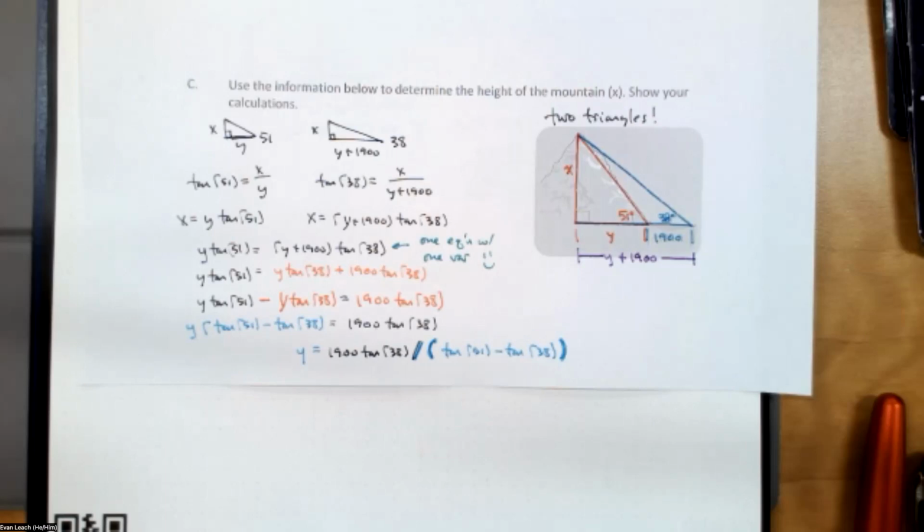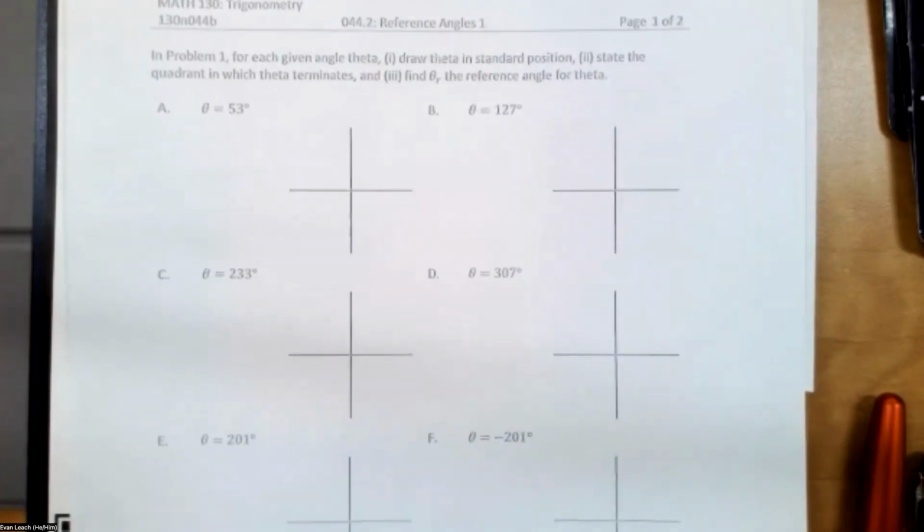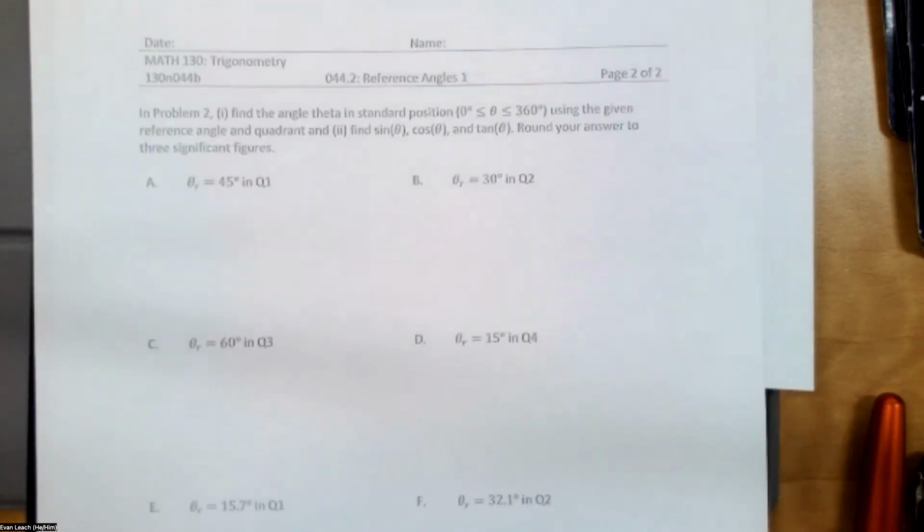Find this angle. On one side, here's an angle, find the reference angle and the quadrant. On the other side, here's a reference angle and the quadrant, find me the angle between 0 and 360.